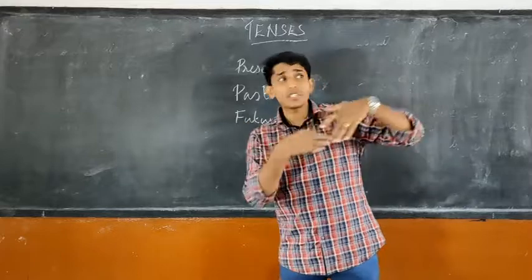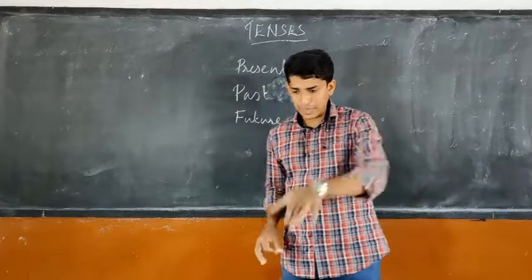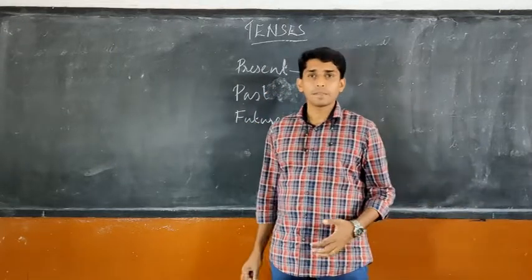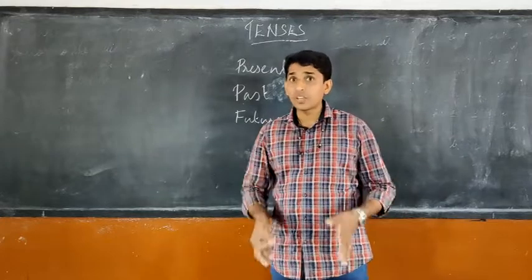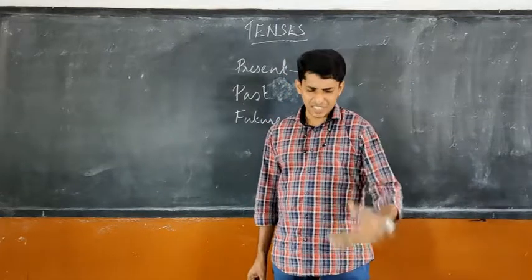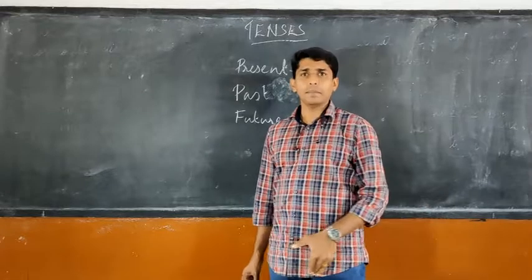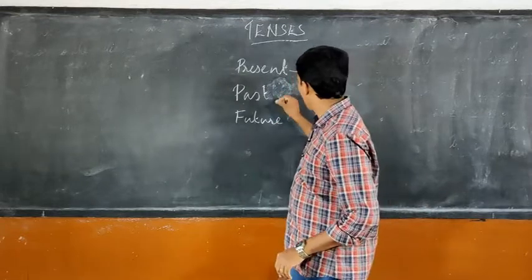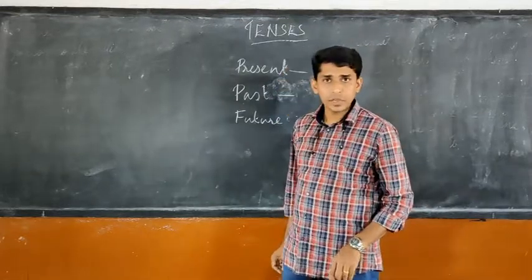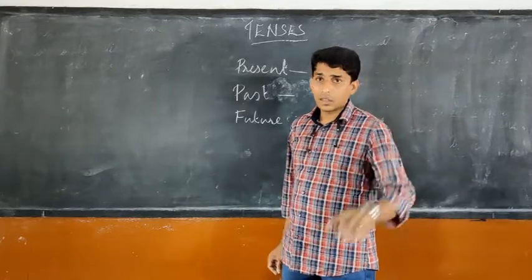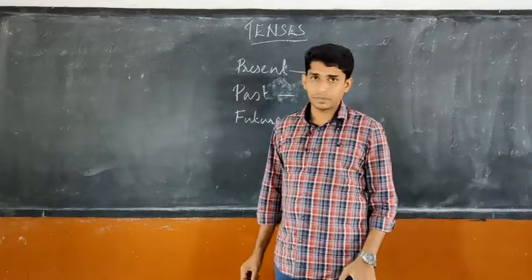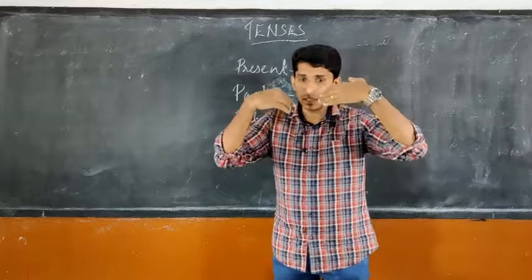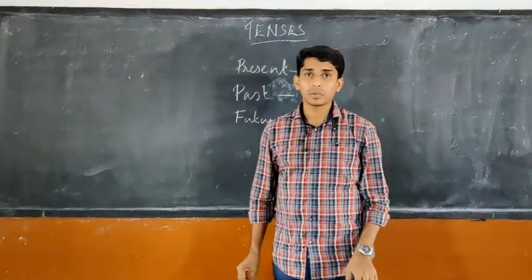And there is a time which is already finished. Before I take this class, there was a time. Or before you started watching this video, there was a time. Just before this time, that is called past. And what is future? Future is the time to come, the time just after now.